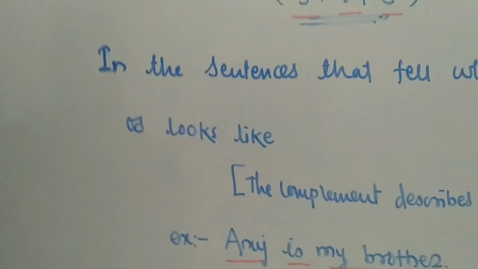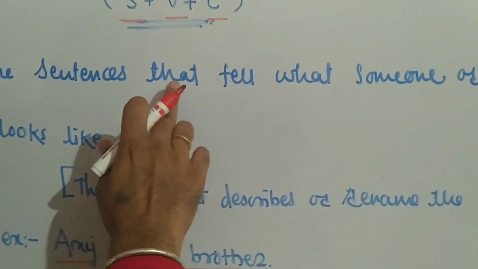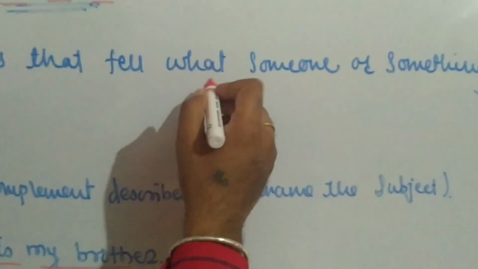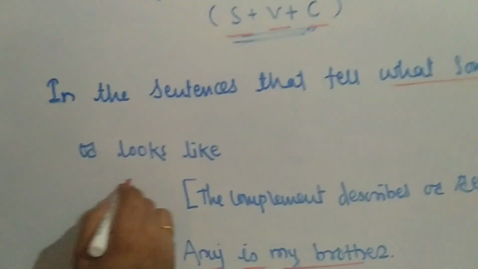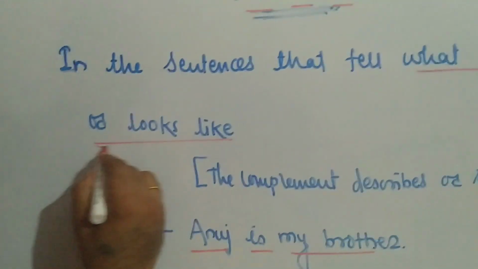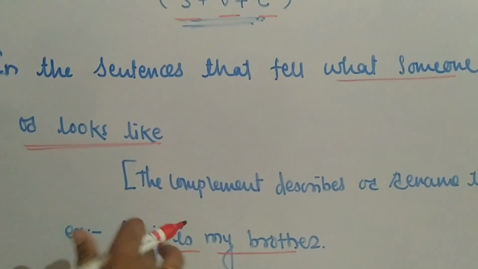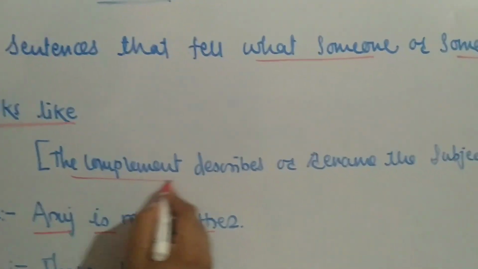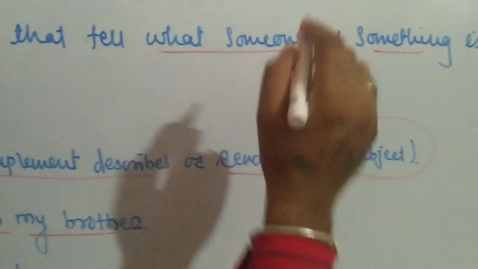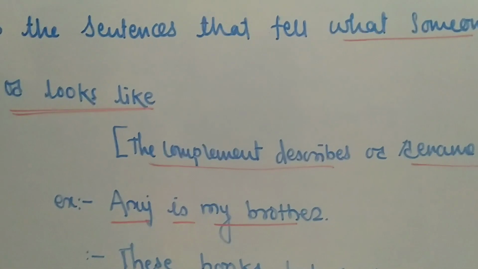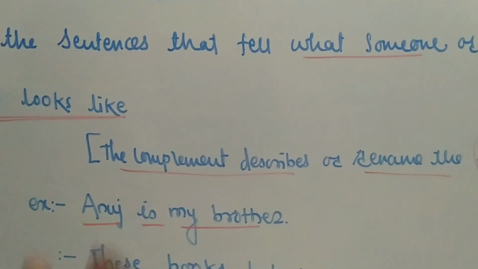Now let's see sentences that tell what someone or something is or looks like. So here is the description about the complement: it describes or renames the subject. Means the complement gives more information or describes the subject.